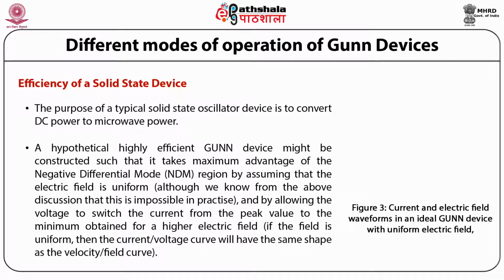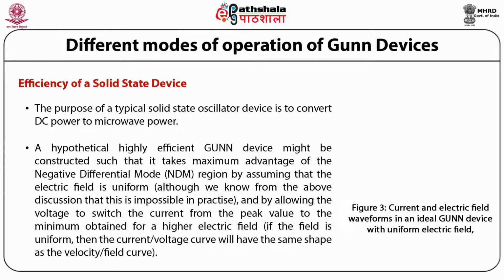So a hypothetical highly efficient Gunn device might be constructed such that it takes the maximum advantage of the negative differential mobility, NDM, region by assuming that the electric field is uniform, although we know from the above discussion that this is impossible in practice. And by allowing the voltage to switch the current from the peak value to the minimum obtained for a higher electric field.